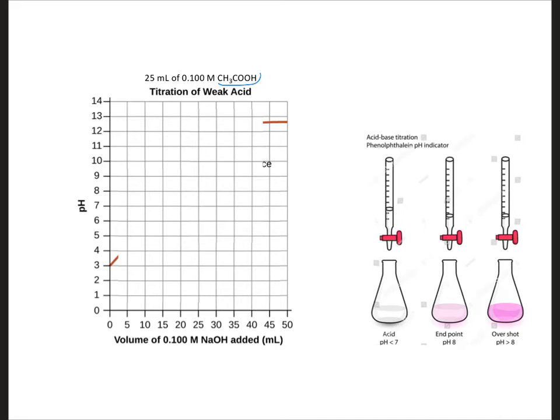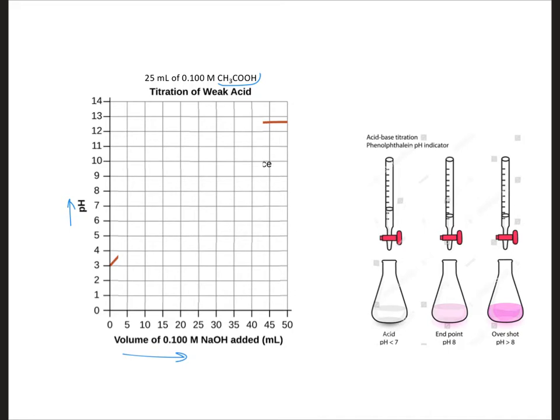We still have the pH on the y-axis. We still have the volume of sodium hydroxide, strong base, on the x-axis. We're still adding that drop by drop. It's still 0.1 molar, so it's still the same concentration as the acid that we're talking about. But now we need to think about how our graph is going to change.